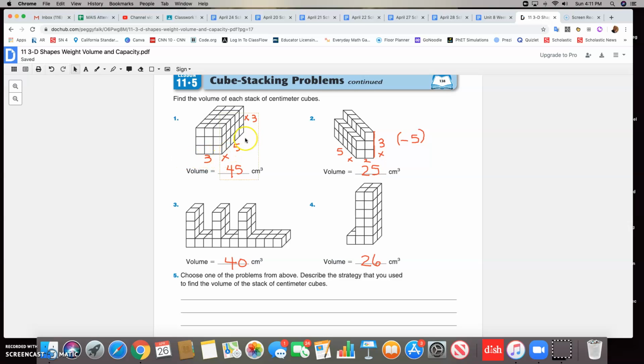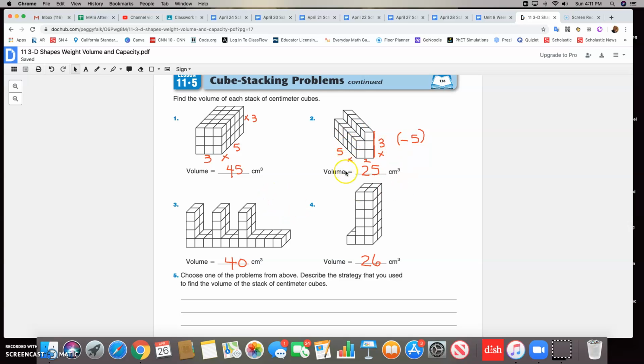Base times width times height. Okay? Maybe we're going to fill something full of concrete, or fill a sandbox full of sand. We want to know how much the container holds. That's what volume is.